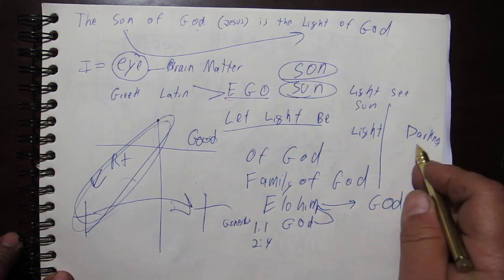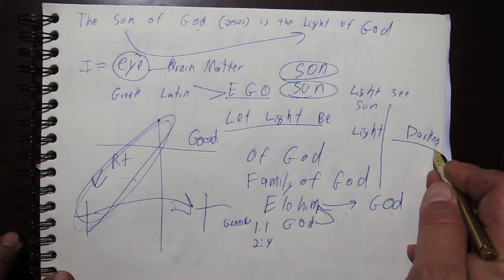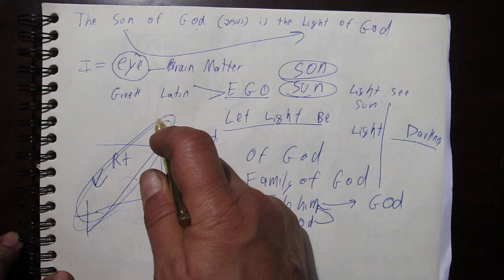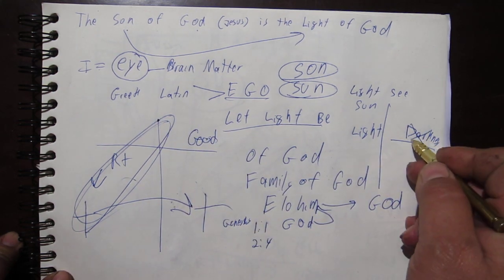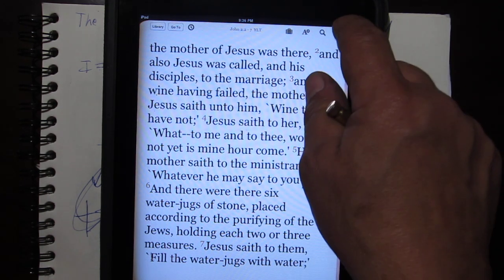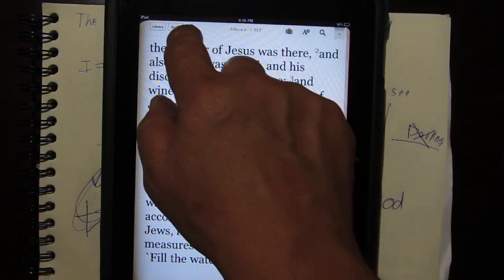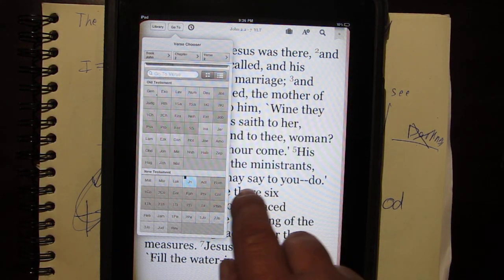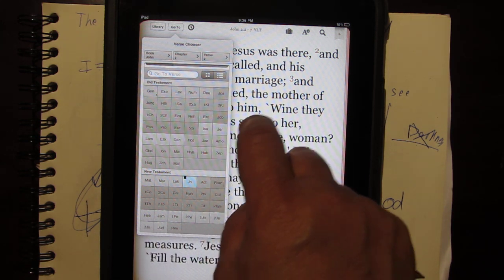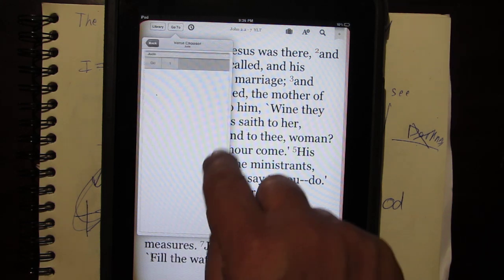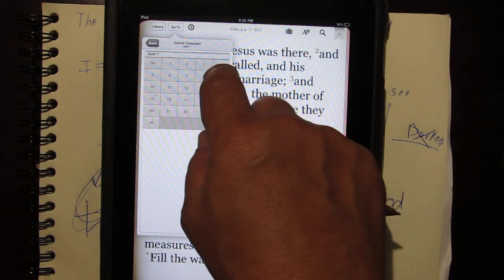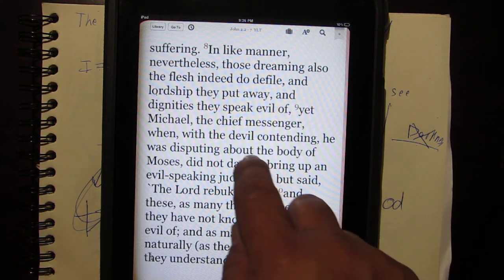Those that are in darkness do not get the reckoning or communication from God, and they will stay in darkness. We can easily see this in the book of Jude. It's everlasting, or if you're reading the King James, it's everlasting, but it's also to the ages.